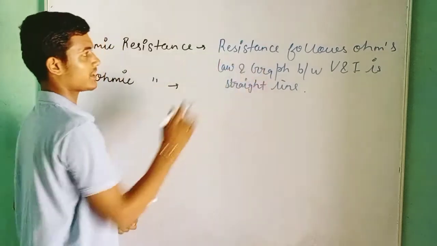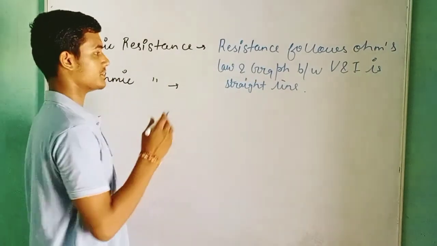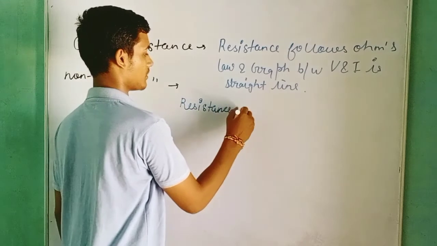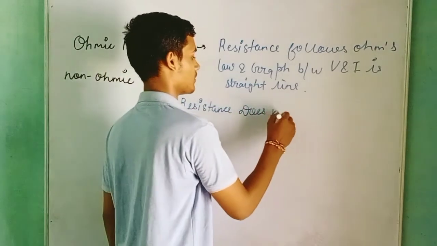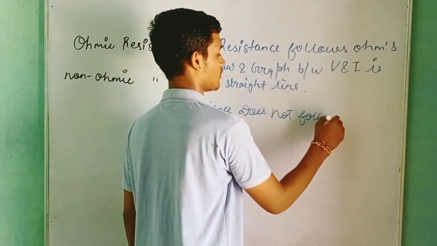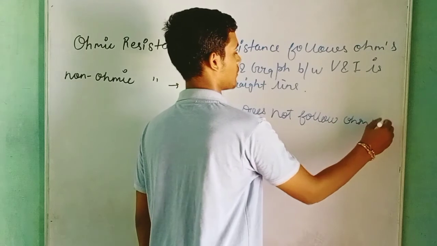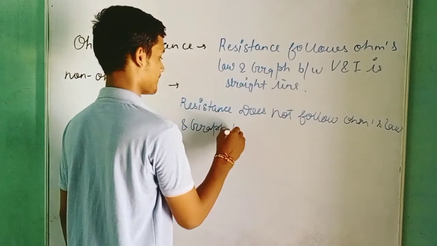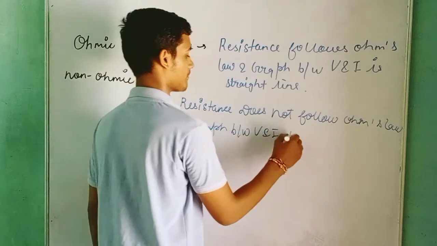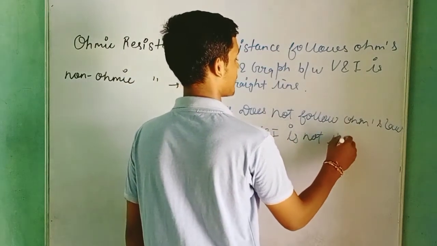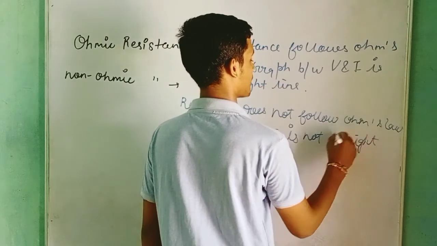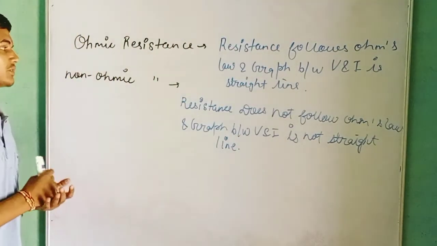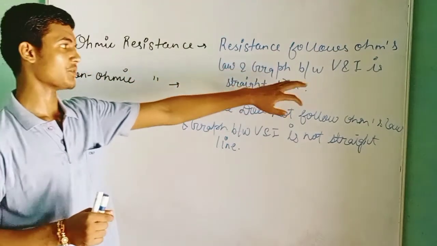So that is the definition of both ohmic resistance and non-ohmic resistance. Ohmic resistance follows Ohm's law and the graph between V and I is a straight line.